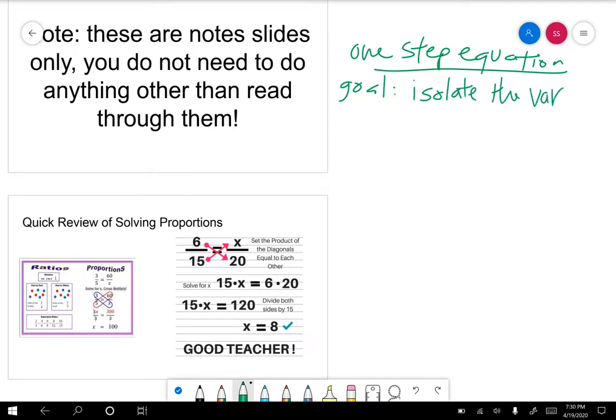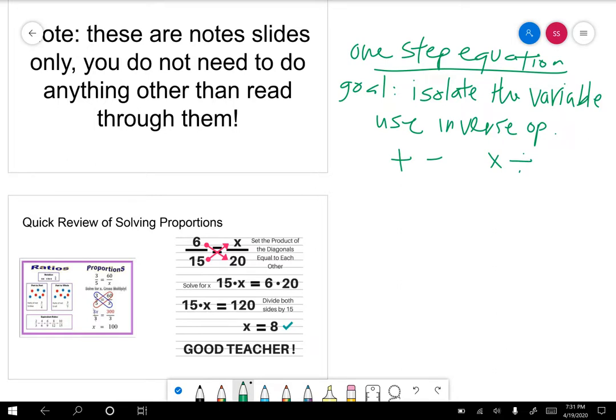So usually you'll see x for math problems, right? So we're solving for the unknown variable. To do that, we isolate that variable using inverse operations. What I mean by inverse operations, if say we're adding something, the opposite of that would be subtracting, right? And if we're multiplying something, the opposite of that would be dividing, and vice versa.